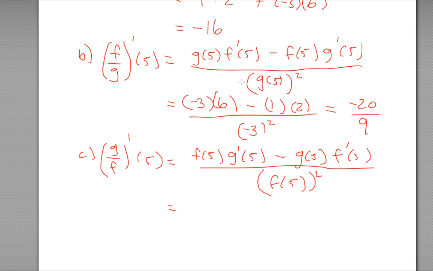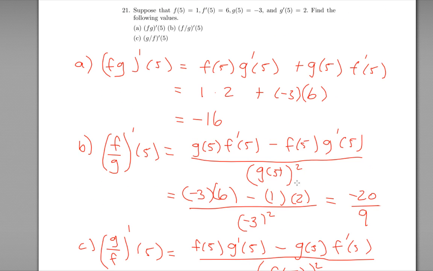Okay, so f at 5 is 1. g prime at 5 is 2. Minus g at 5, which is negative 3, times f prime at 5, which is 6, divided by f at 5 squared. f at 5 is 1, so this is 1 squared. So when you work this out, you have 2 plus 18 is 20 divided by 1. So this answer is 20.